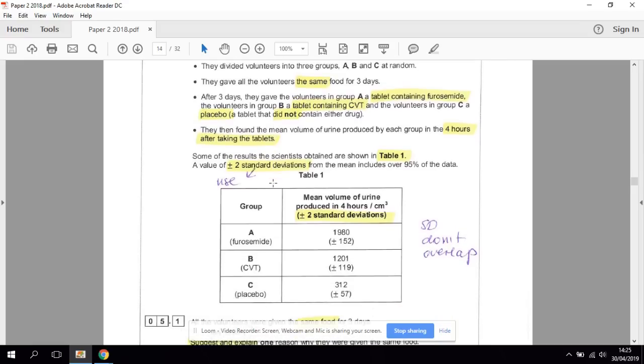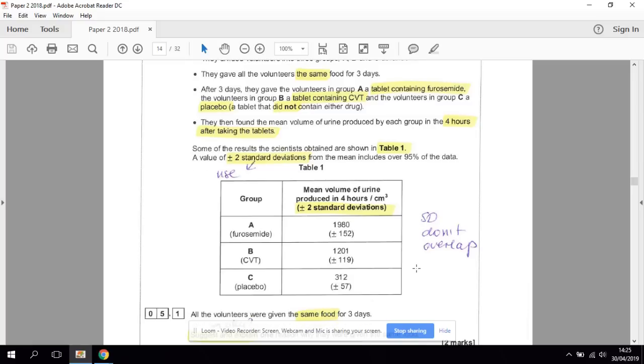The results are shown in the figure here, giving you standard deviation. Standard deviation is important. Every time you see it, make sure you write a comment next to the table or the graph. Here you can see the mean volume of urine produced, and you've got the results for each group. Looking at the standard deviation, you can conclude they don't overlap. If they don't overlap, that means there is a significant difference between those results.